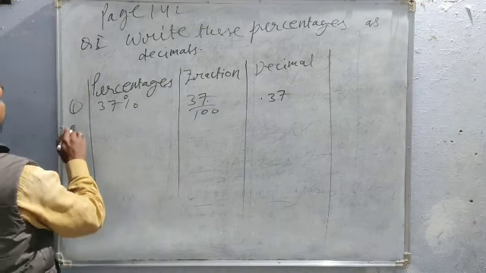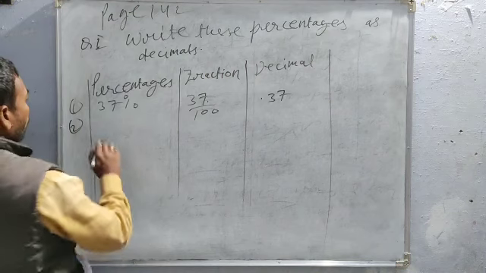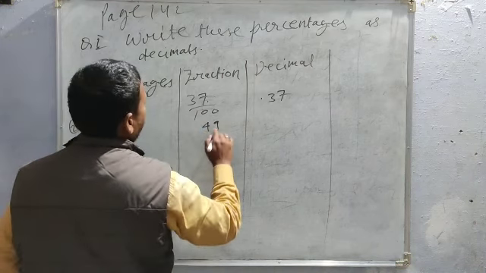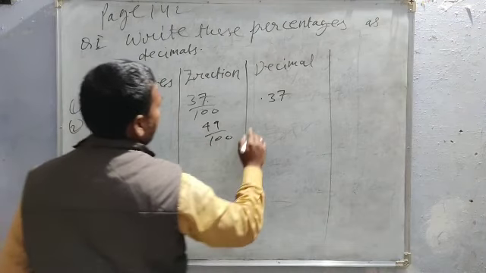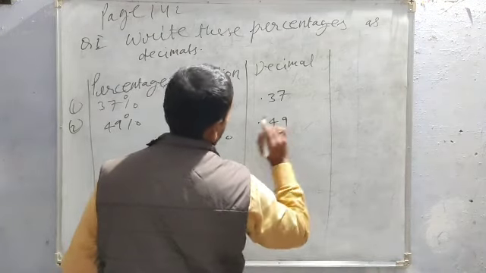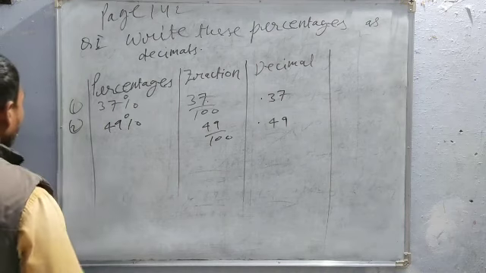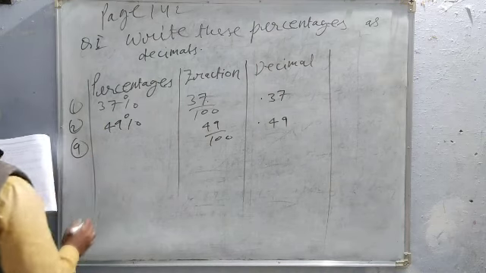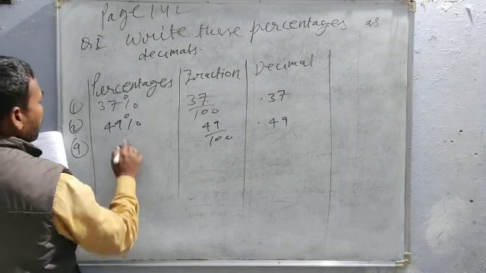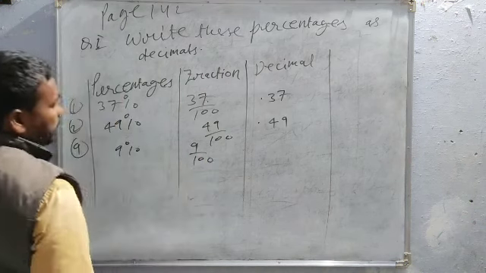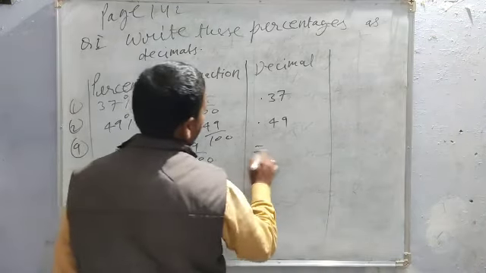Second one here is 49 percent. So this will be 49 by 100, and this becomes 0.49. The 9th one is a single digit, 9%. So this becomes 9 by 100. This is the fraction, and you can convert it into decimal.